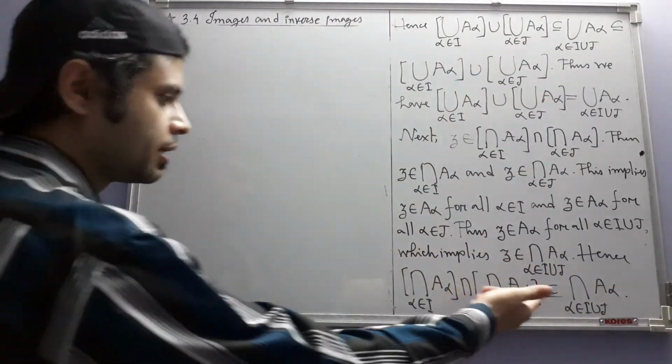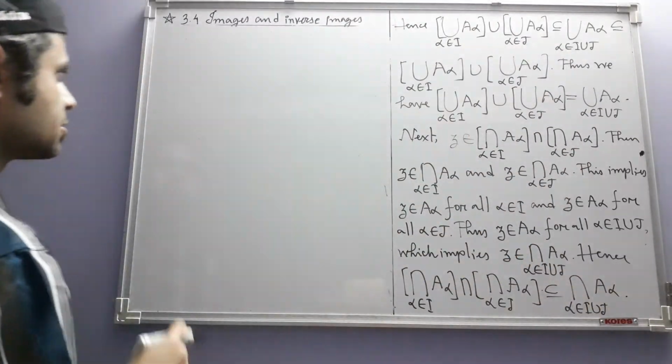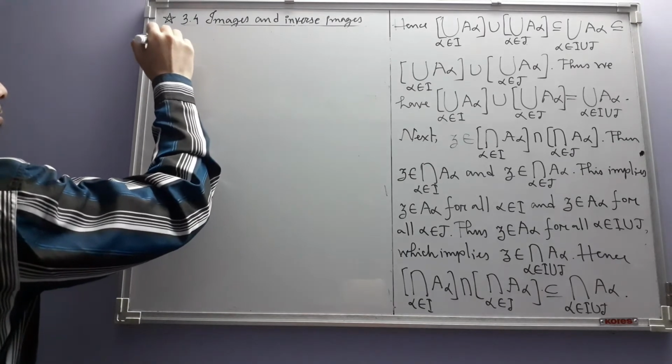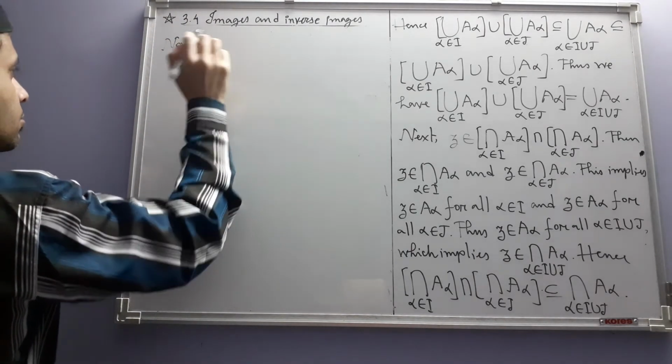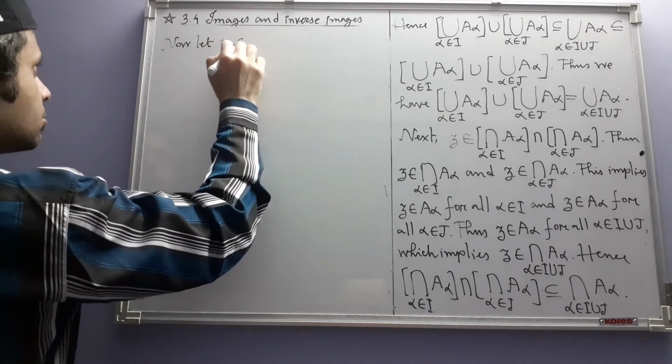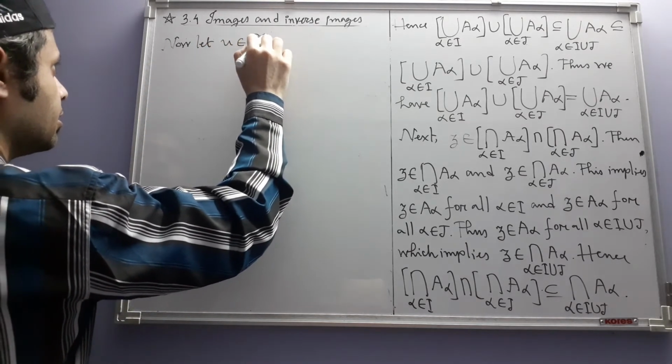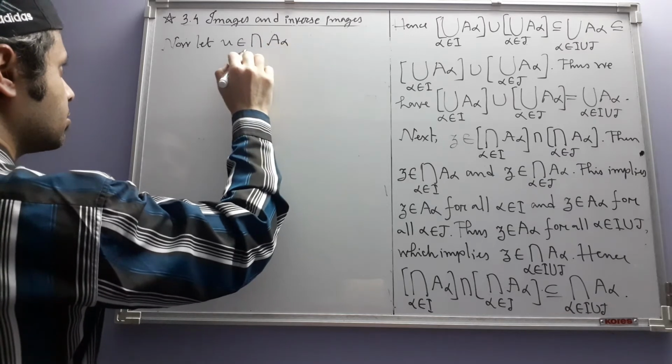Next, we consider an element here and figure things out. Now, let U be any element in this intersection.